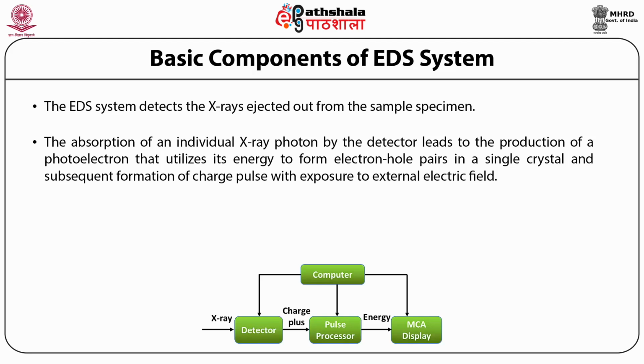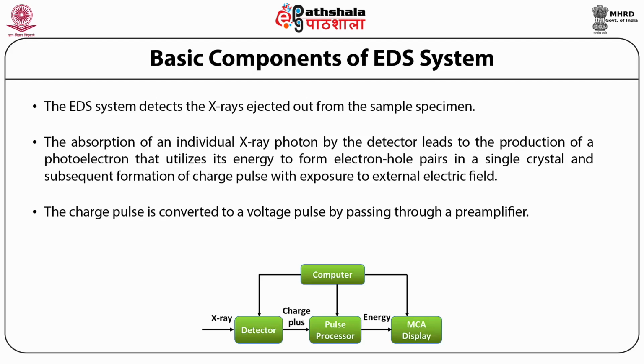The absorption of an individual X-ray photon by the detector leads to the production of a photoelectron that utilizes its energy to form electron hole pairs in a single crystal, and subsequent formation of a charge pulse with exposure to the external electric field.